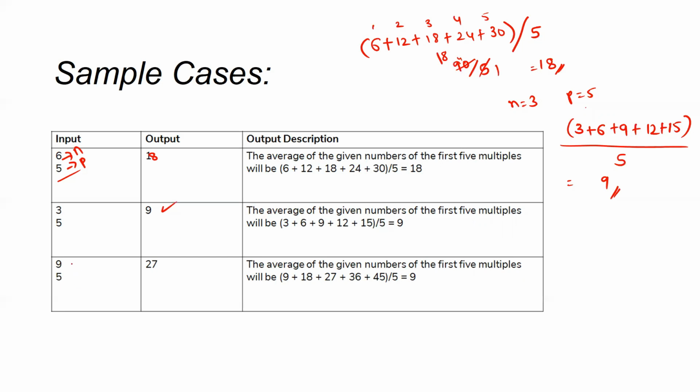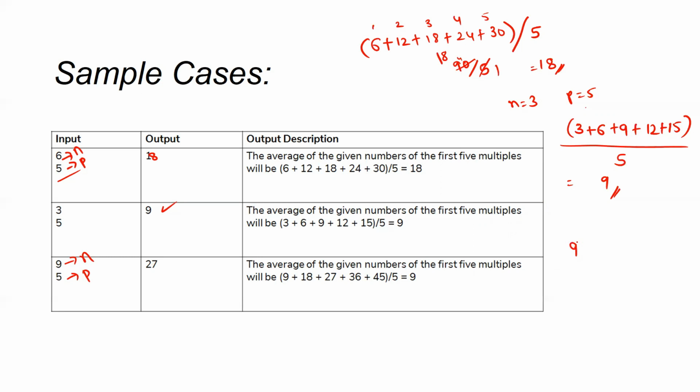Now coming to the third test case, the value of n is 9 and the value of p is again 5. We have to find the sum of the first 5 multiples of 9, and then divide it by 5 because the value of p is 5 in this test case as well.